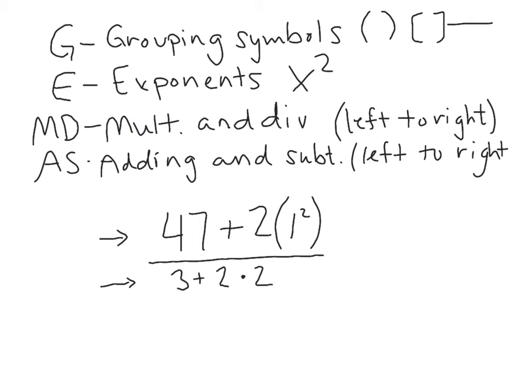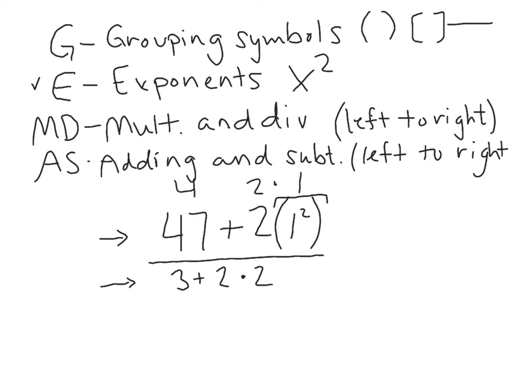So let's start on the top part of our fraction bar first, and we're going to do order of operations up there. So on the top, I don't have any more grouping symbols, so I'm going to go to exponents and solve the exponent part of my problem. One to the second power is 1.